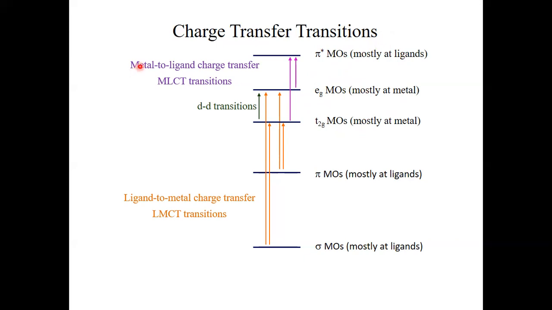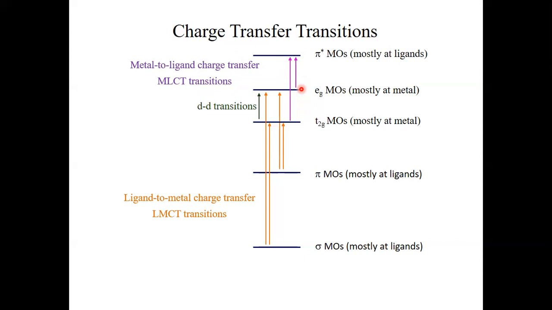Therefore, we can call these transitions metal to ligand charge transfer transitions. And again, if the energy difference between the respective orbitals is just small enough, then these electron transitions can occur in the visible range, meaning visible light can be absorbed in order to make these electron transitions happen.